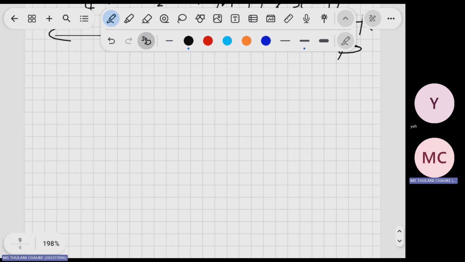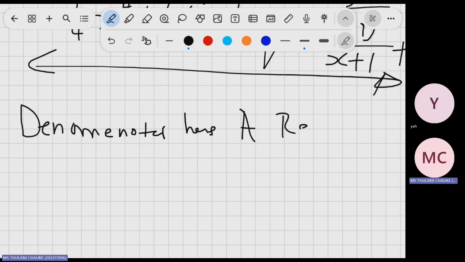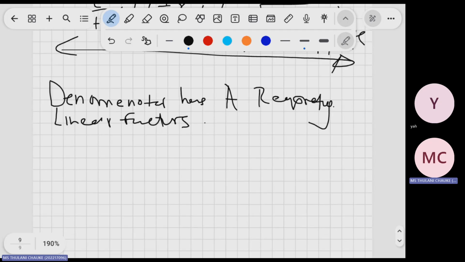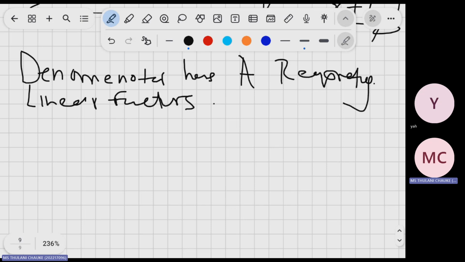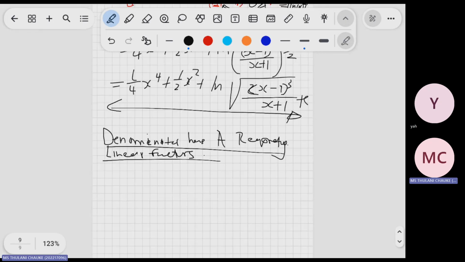Okay, and then we've got the case whereby the denominator has a repeating linear factor. Or we should stop here.